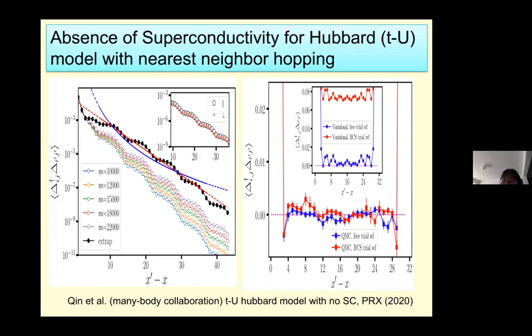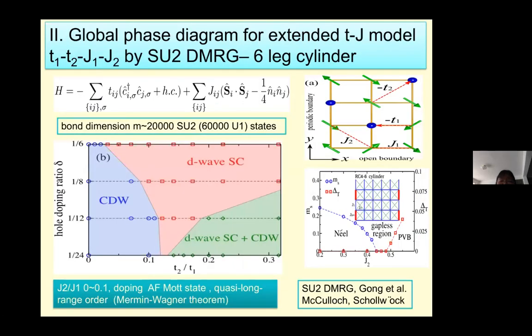Then one can probably limit to lower doping levels, and I'm sure there are also technical developments for quantum Monte Carlo, but the system does have the sign problem.